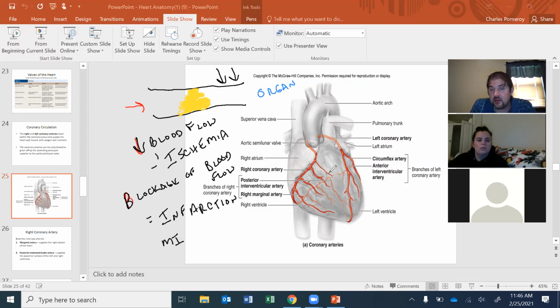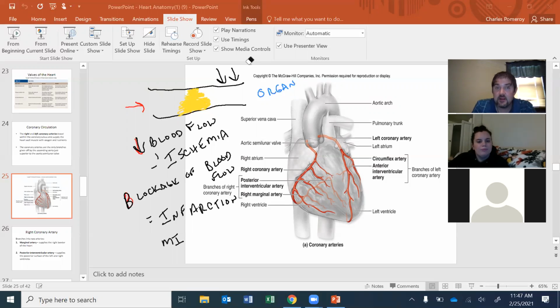Now, if you get a blockage, like, look at this guy here, this little side vessel, that little branch right there. If you get a block right in there, that means just a small section of your heart is going to lose its blood supply. So that might cause a minor heart attack if one of those little side branches gets blocked. Okay. If one of the large branches gets blocked, so think about this, let me erase that.